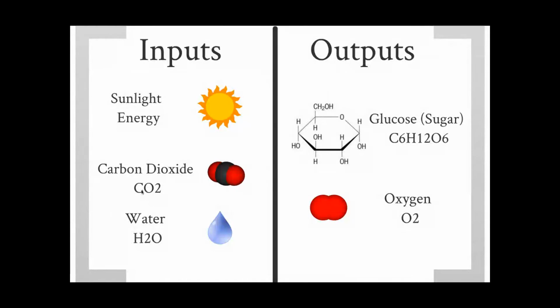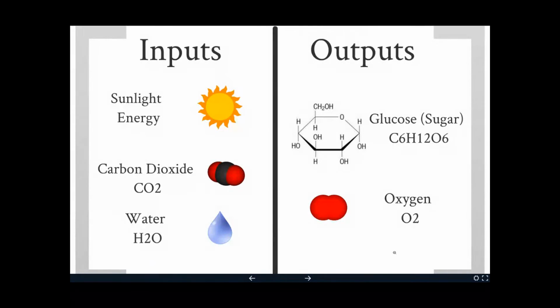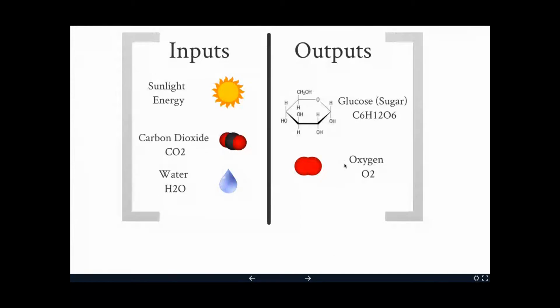And then you can also see the parts here, the CO2 and the H2O. Well, what happens to that matter? Carbon you can see is over here in the sugar, the hydrogen over here in the sugar, the oxygen over here in the sugar, and there's some oxygen left over from the process. So all that matter that goes in is also coming out. It's just being rearranged, and it's the energy and the storing of energy that allows the plants to do that.